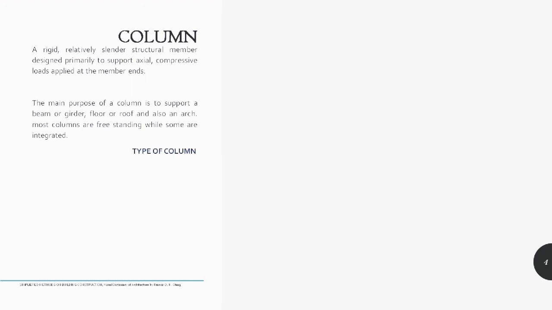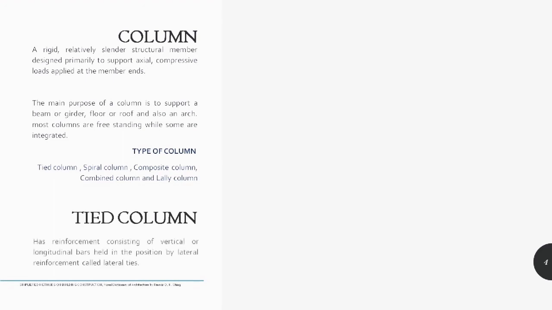There are types of columns. Columns are classified according to the type of reinforcement used. There are tied columns, spiral columns, composite columns, combined columns, and lally columns. A tied column has reinforcement consisting of vertical or longitudinal bars held in position by lateral reinforcement called lateral ties.